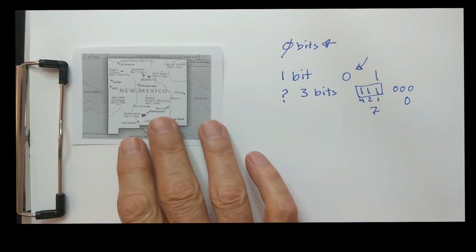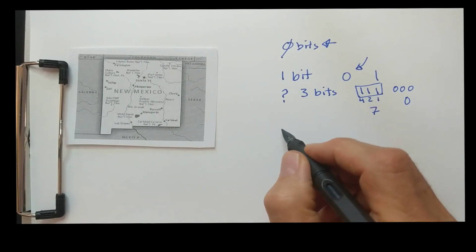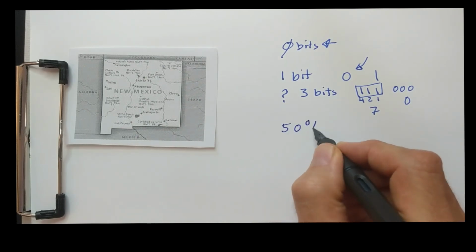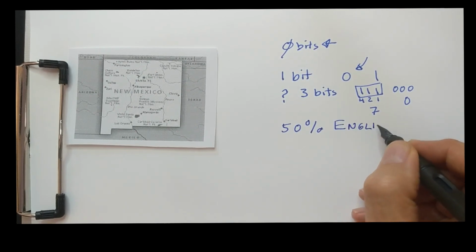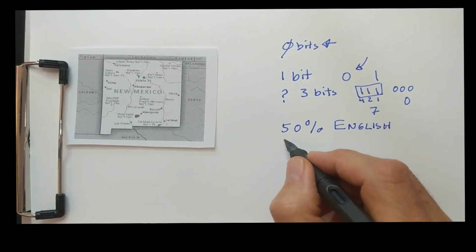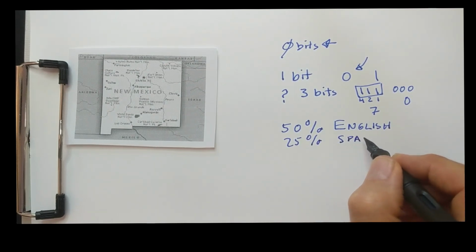One final question. So here is the state of New Mexico. I'm kind of making these statistics up for New Mexico. But let's say 50% of the people in New Mexico speak English as a first language. That's the language they use in their house. And 25% speak Spanish.